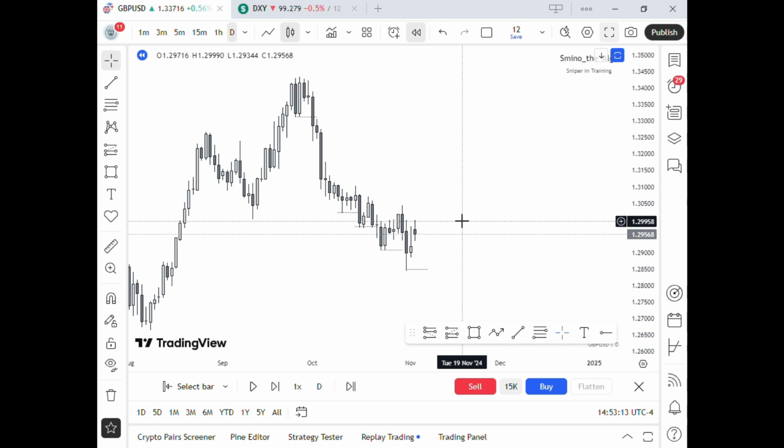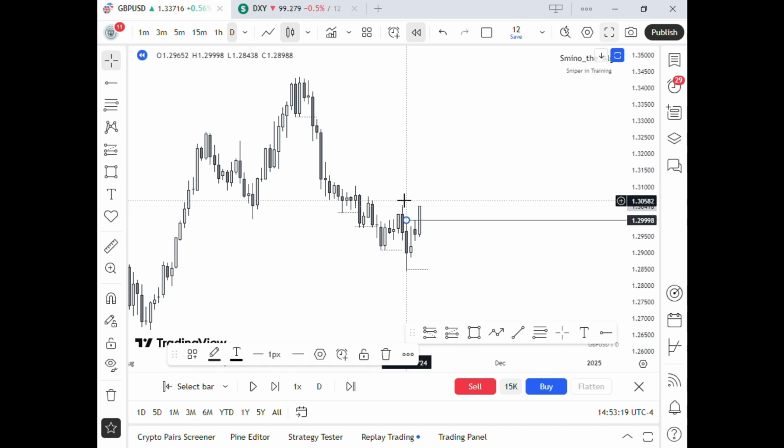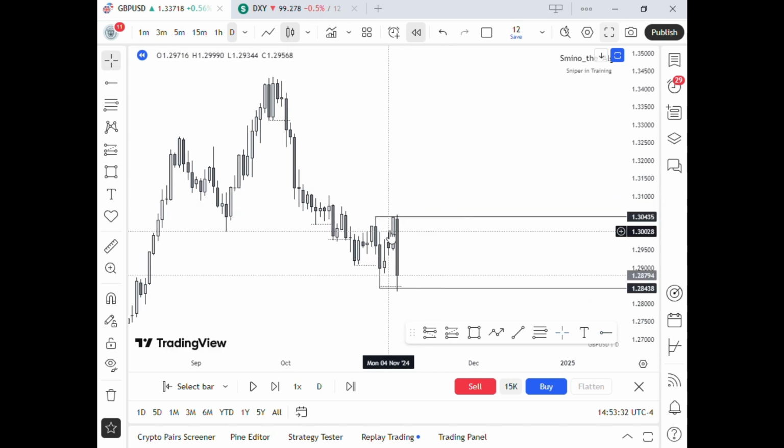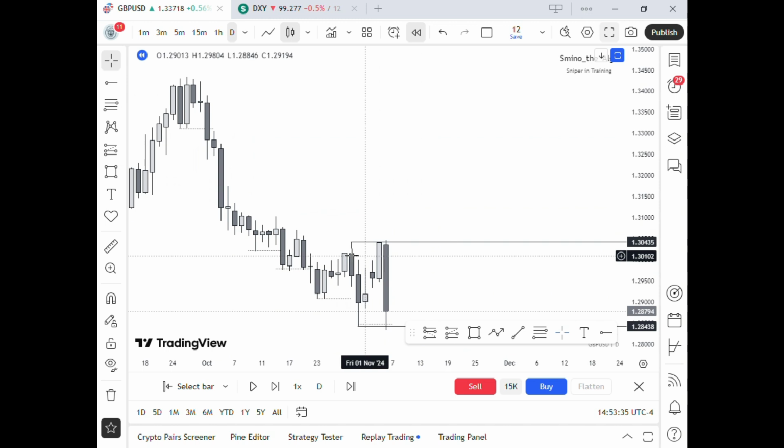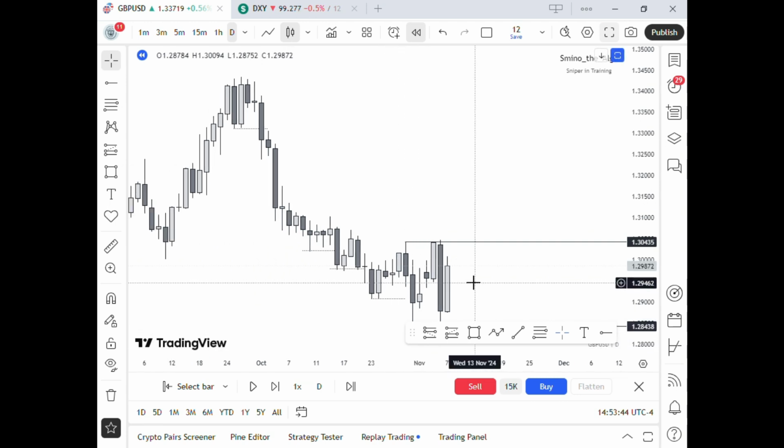They were not taken out at all by price. This one I was not taking out, was bearish. This one he took it out and then he came back and took out the low. So we turned back bearish.